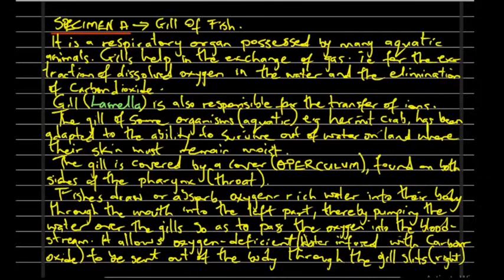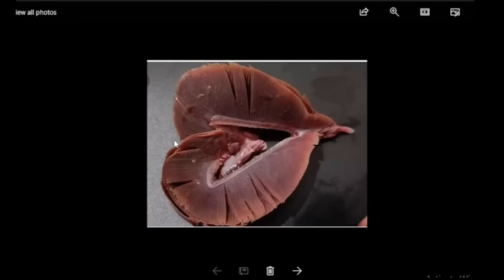So if we want to look at some organs in this particular system, we'll be looking at this. This is an example of what the gill looks like. You can see the gill here. You can see the gill arc. This place here is referred to as the gill arc, and then we have all of these filaments. Let me show other pictures.